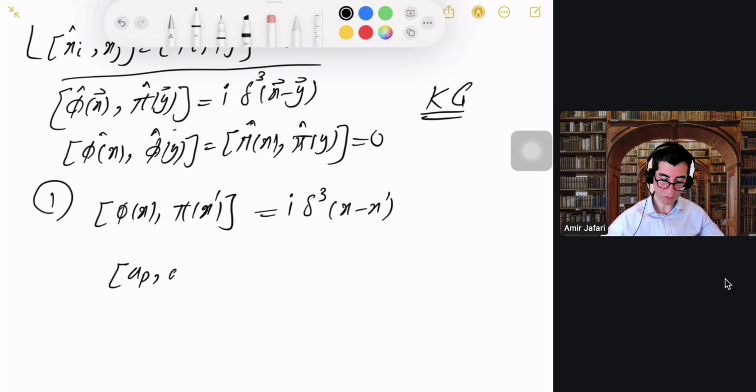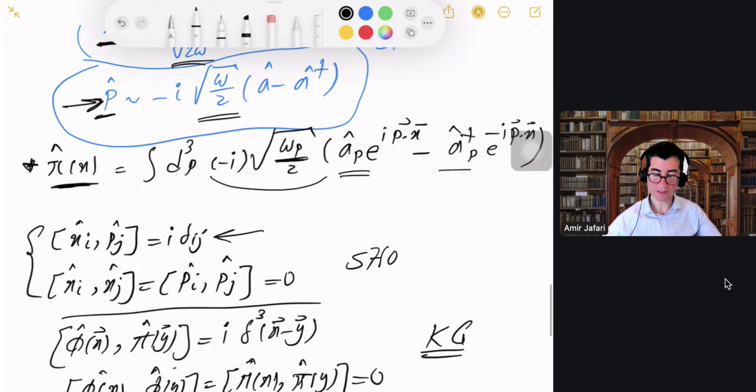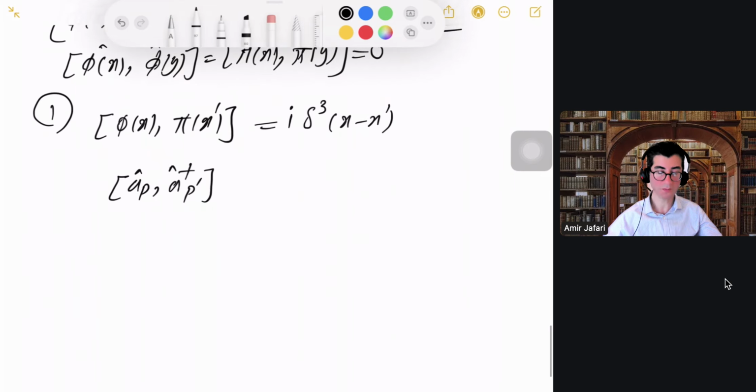Okay, if you use the relationships for a_p, if you know a and the relations between these operators, creation and annihilation operators, given in this way, again similar to the simple harmonic oscillator, we define it with 2 pi cubed. This coefficient of 2 pi cubed is kind of a convention.